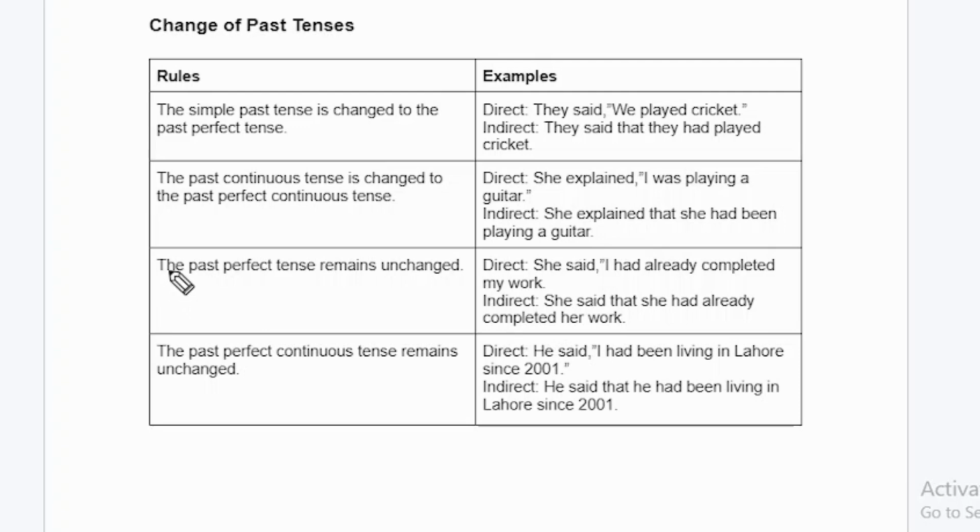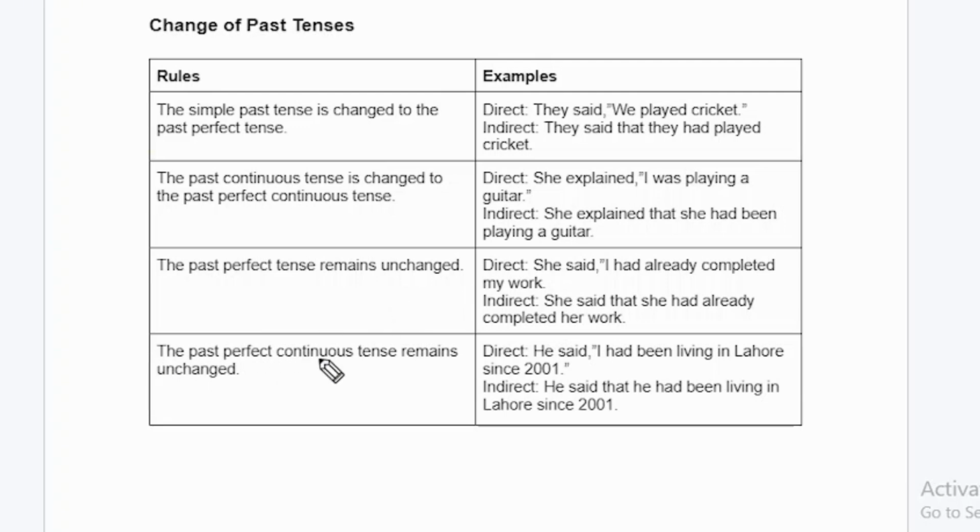Now the past perfect tense remains unchanged. Direct: she said, "I had already completed my work." Indirect: she said that she had already completed her work. I think that is easy to memorize.